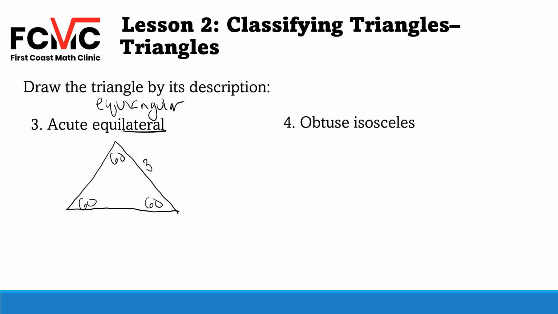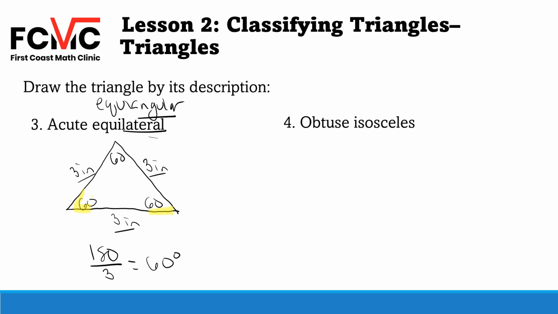So just to show that all sides are equal, let's label our sides as equal. And I'm just going to pick some lengths for our sides, 3, 3, and 3. But our angles have to be 60 degrees because we know that the sum of the angles for any triangle is 180 degrees. If it's equiangular, it's got to be 180 divided by 3 because all 3 angles are going to be equal, which is going to give us 60 degrees for each angle.